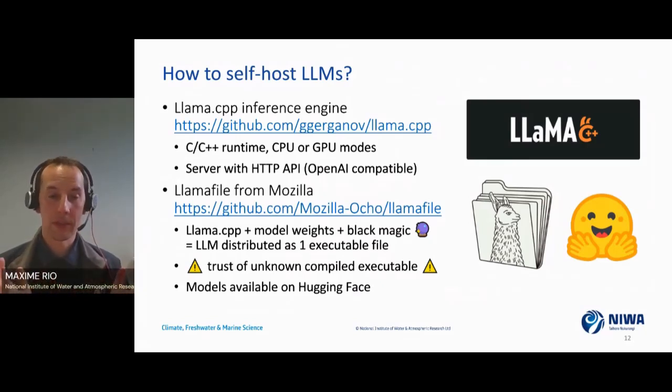Basically you have one big file which is executable on Linux, Mac, Windows out of the box. Just a little caveat, I would make sure that you trust the source of this compiled executable because it can do whatever it wants on your machine. In our case, we restrict ourselves to anything which is only published by Mozilla on Hugging Face to limit the risks.